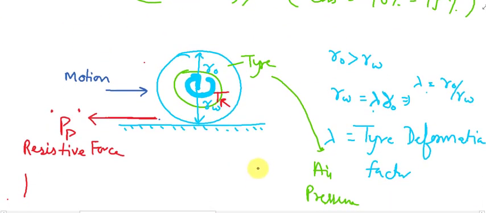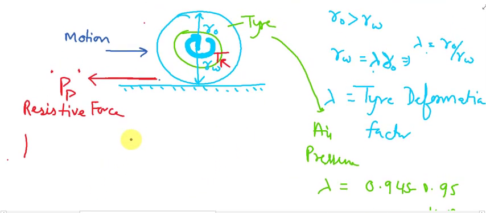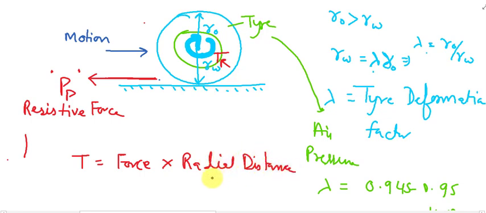Okay, so now how will you relate these terms with this torque? Force multiplied by perpendicular distance is equal to your torque. The formula of torque is force multiplied by radial distance, or we can say that this radial distance is the perpendicular distance.